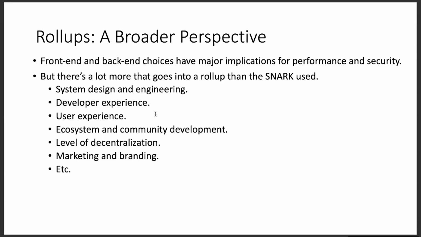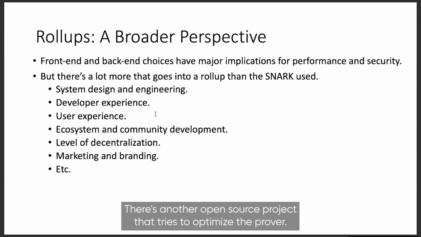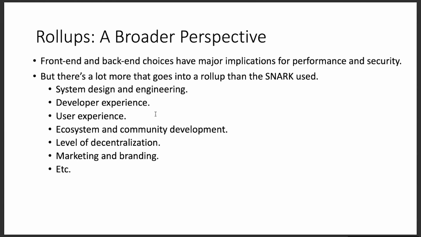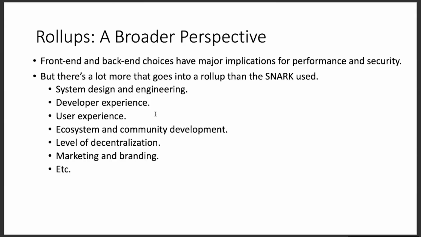So I don't know what the plan is there. There's another open source project that tries to optimize the prover system. A lot of the projects are open source. Polygon Zero is open source.